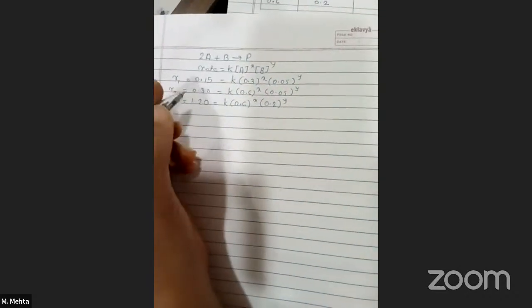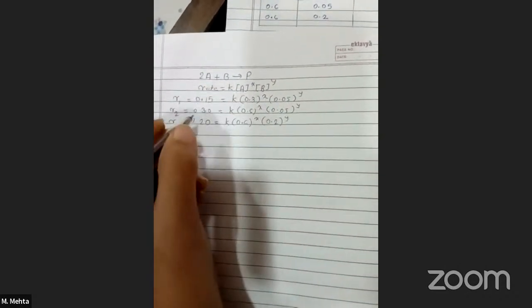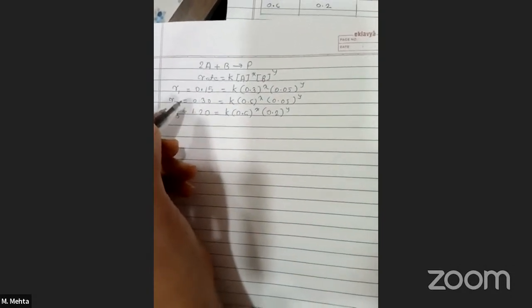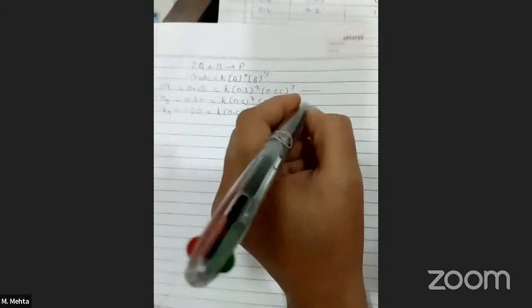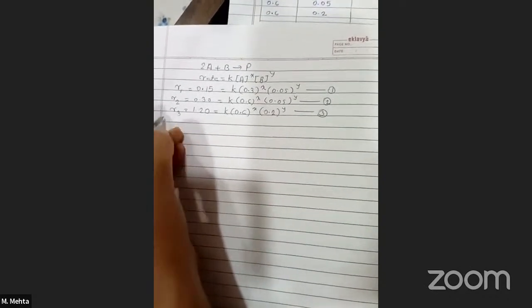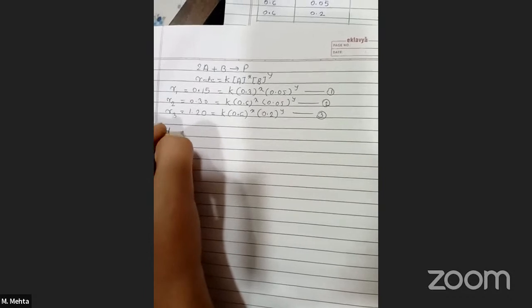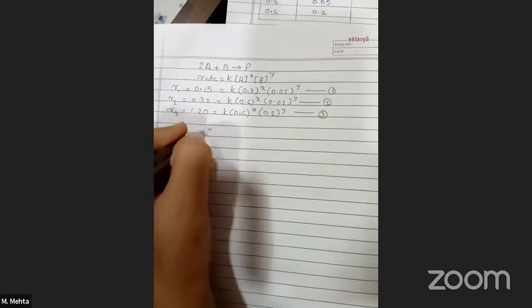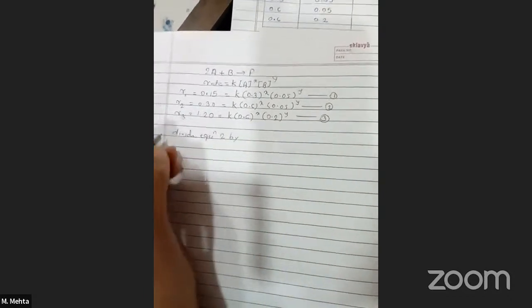Okay. So to find the values of X and Y, first of all find a pair of equations in which either the X quantity or the Y quantity will get cancelled. So first I can select equation 1 and equation 2. Divide equation 2 by 1.